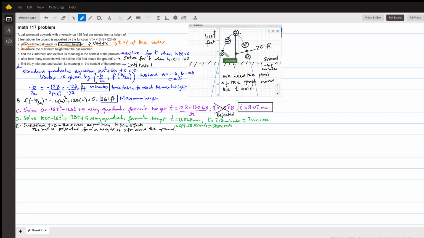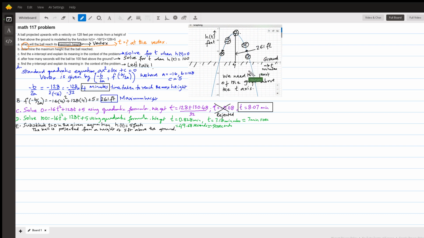You can see the place where I marked on this curve, that's when the height is 100. It looks like in this graph it's almost 1, but it's actually 0.828 minutes. Converting that, it comes to 49.68 seconds, close to 50 seconds, less than a minute. Then the other time, the ball comes down and is 100 feet above the ground at 7 minutes and 11 seconds.